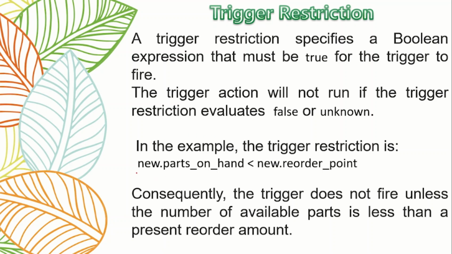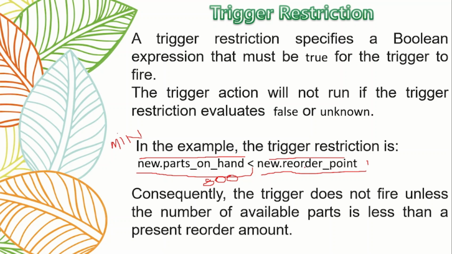In that case, I have put in the logic that if the quantity on hand, the quantity which is there in the warehouse, is less than the reorder point, and we all know that in many cases people keep a minimum stock. Suppose we have kept a rule, whenever the stock of a particular item goes below 1000, an order should immediately be placed. So the reorder point is 1000, right?